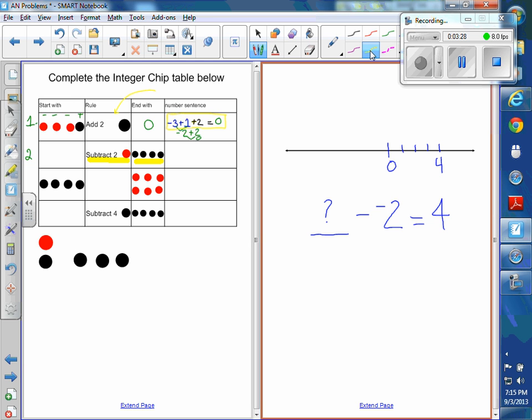Remember, instead of this being a subtraction problem, it's the opposite of subtraction. So this is like an addition problem. We are going to have to go this way on the number line to get to 4. Can you think of where we would be starting then?